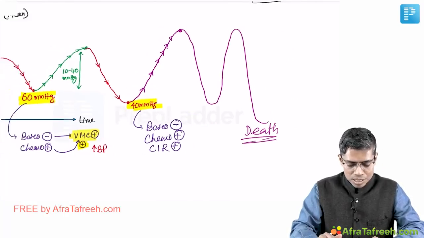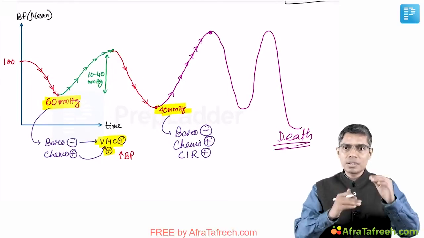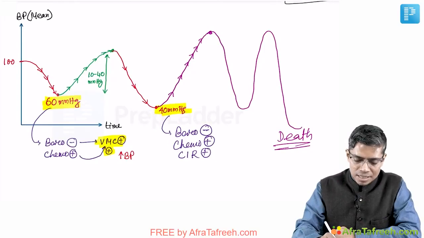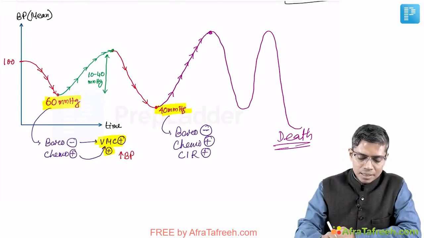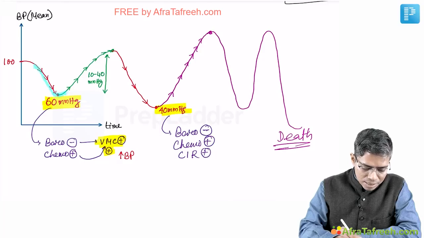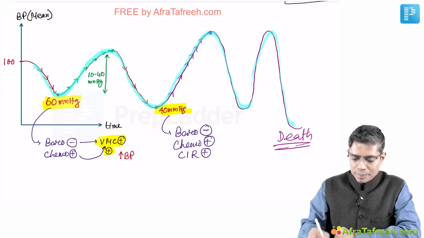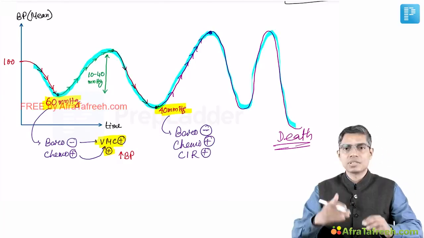Getting my point? So this way, if you don't treat this patient, if you record the blood pressure, generally this has been done in experimental animals, and the scientists have proved that the blood pressure fluctuates in a rhythmic fashion before death, and this rhythmic fluctuation happens when the blood loss is continuous from the body.